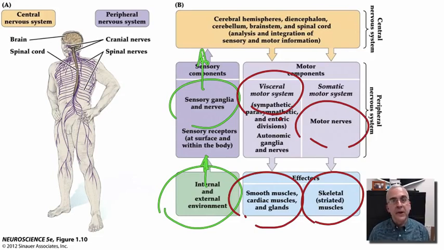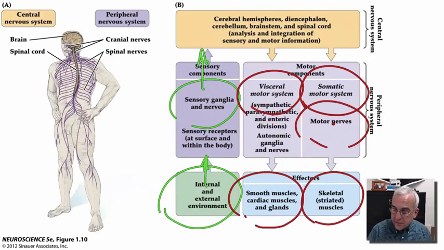For now, I just want you to get the big picture that the motor output is derived from two principal kinds of motor systems, a visceral motor system and a somatic motor system. And as we'll see, the somatic motor system can be further divided in terms of the embryological origins of the tissue that is innervated.